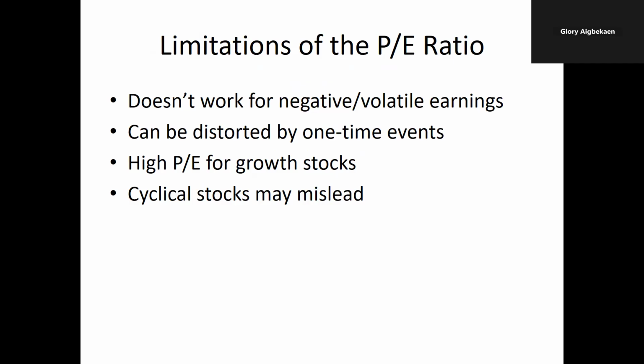All this can also mislead in trying to determine the fair price using a PE ratio. So these are a few limitations of the PE. There are more, but these are the few we are naming here.